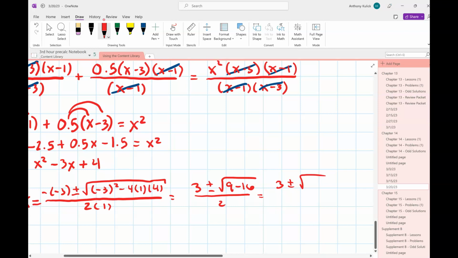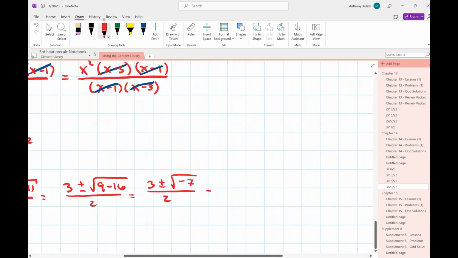knows. 9 minus 16 is -7. What's the square root of -7? The root of negative is i. 3 plus or minus i. Yes, i. And what is this going to mean?